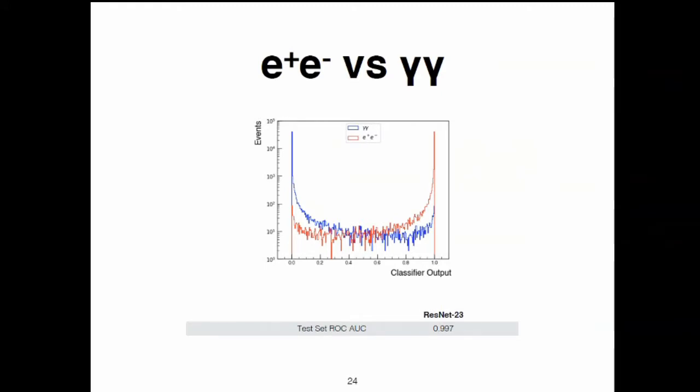So if your classifier knows that they're correlated and is able to exploit this correlation, then this result is something you expect. And this is what we've demonstrated. Without explicitly telling the classifier how the showers are correlated, this was learned on its own.